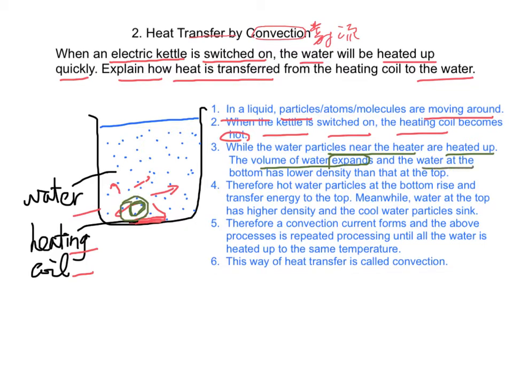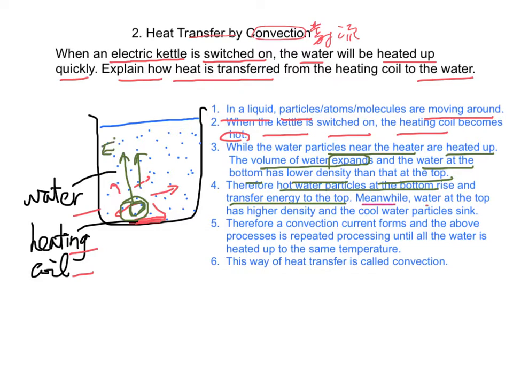And the water at the bottom has lower density, 低嘅密度, than that at the top. Therefore, the hot water particles at the bottom will rise, 上升, and transfer energy to the top. The energy will be transferred upward together.